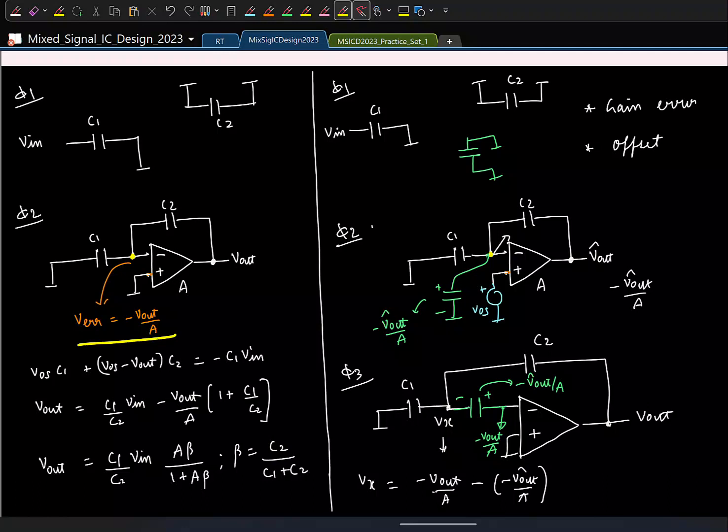After you do this error correction, what do you think this will become? Minus V out by A square. Same principle. I am just giving a qualitative explanation. So the error voltage, which was initially minus V out by A, will now become minus V out by A square.